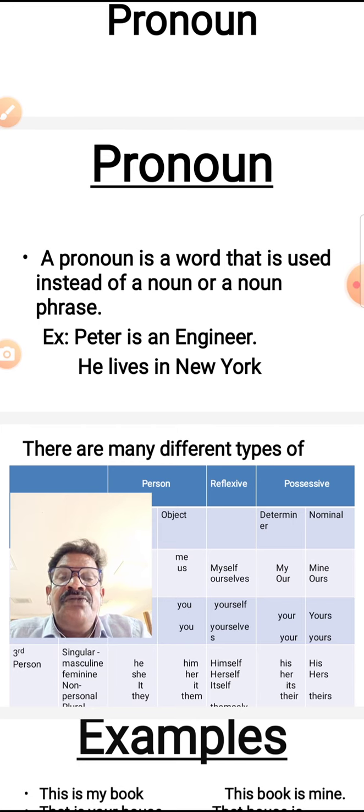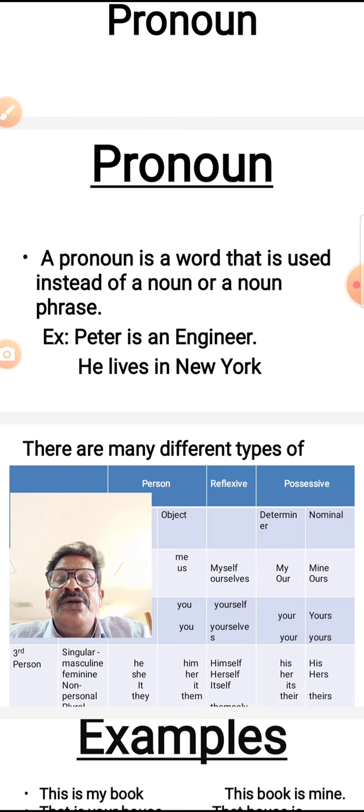Peter is living with some other friend. See how it looks strange, how it looks awkward. So for all times we cannot take the name of that particular person, that means Peter, which is a noun. So that is why, instead of Peter, instead of a noun, we are using a pronoun.